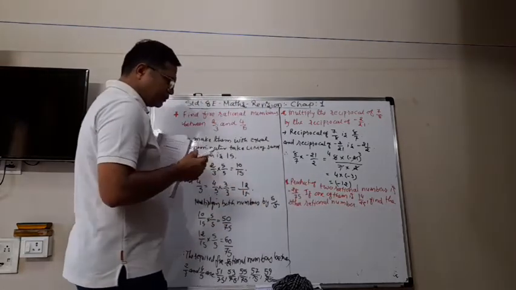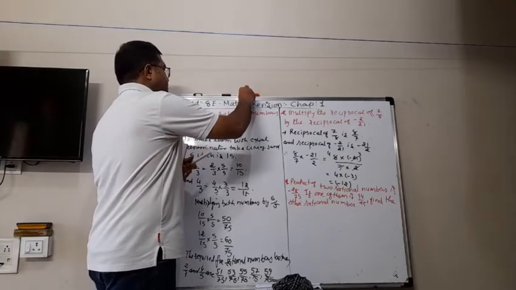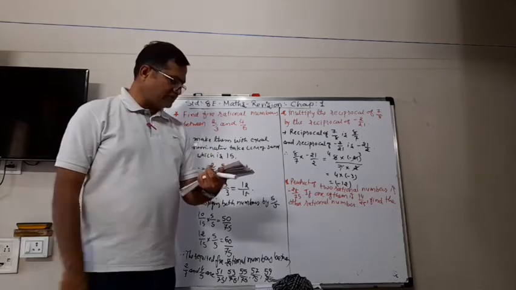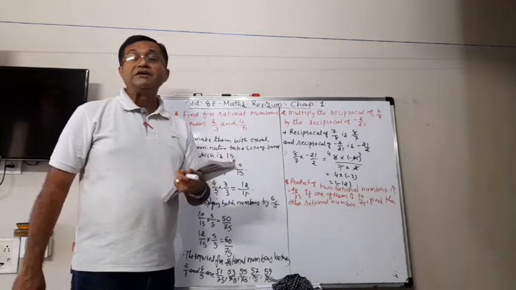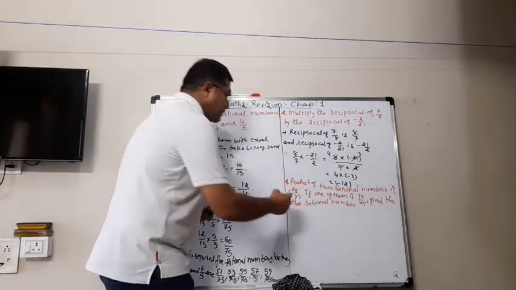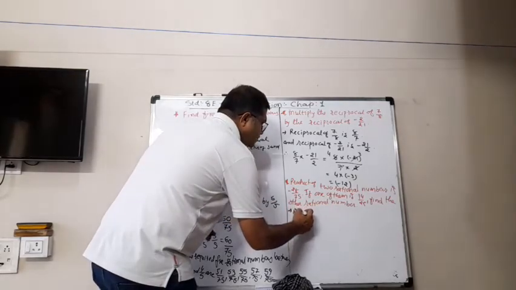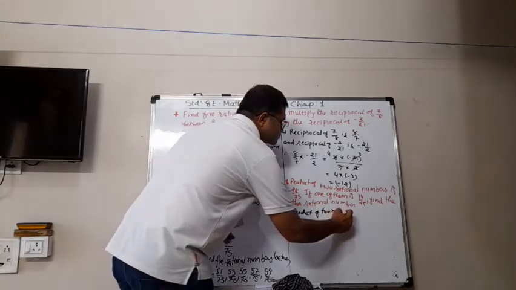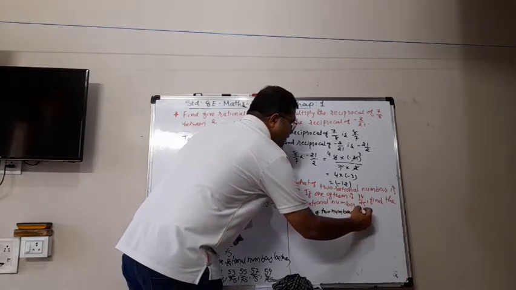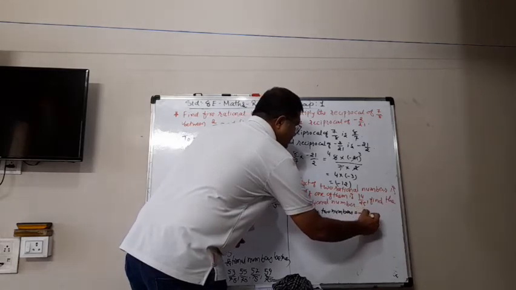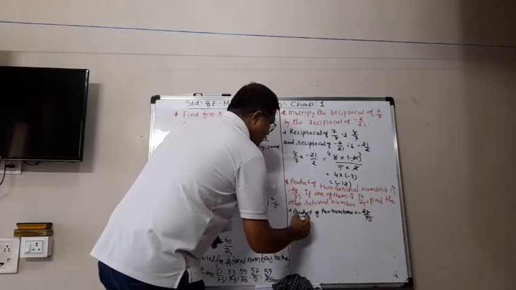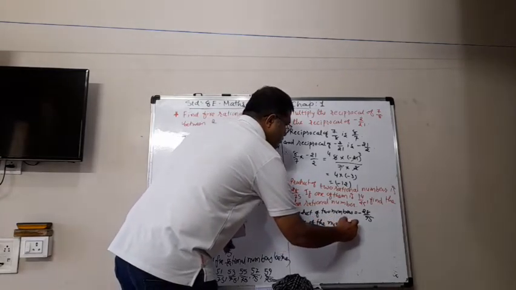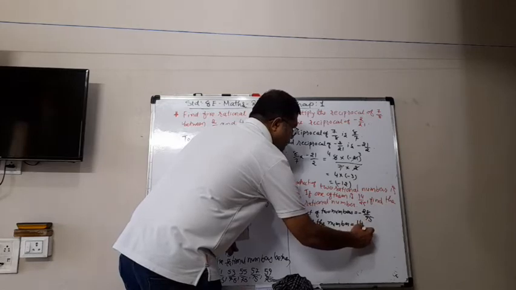Now if the product of two numbers is given and one number is given and we have to find the other number, obviously we have to divide. So we can write down, the product of two numbers is equal to minus 28 upon 75, and one of the numbers is equal to 14 upon 25.